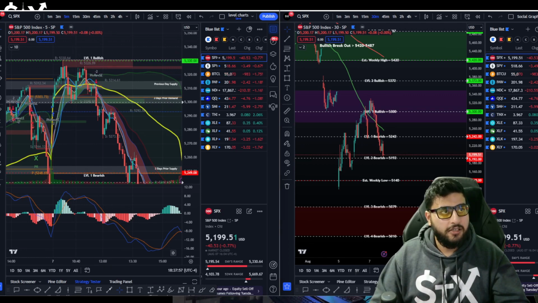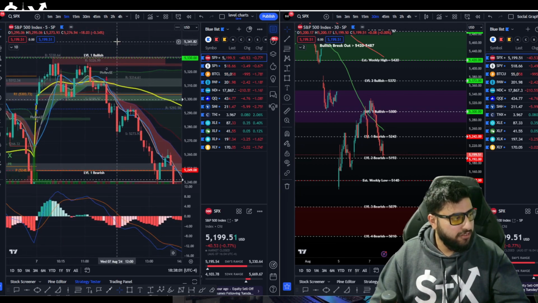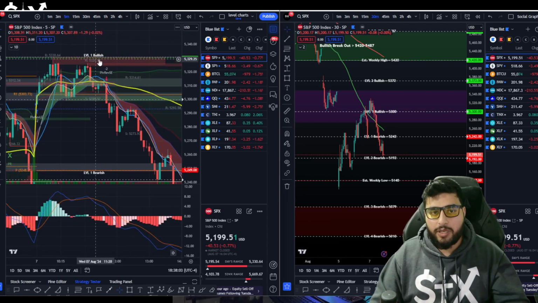If you're at a supply zone, like here, and it's aligned with my premium model, because this level 1 bullish is a strong rejection point, also aligned with the indicator showing me that this is a strong selling point, that's when we knew to short.